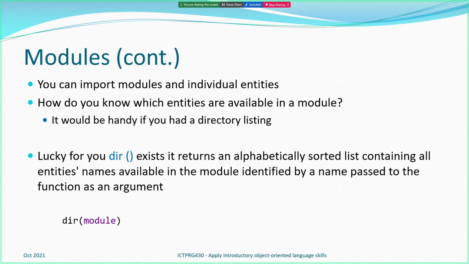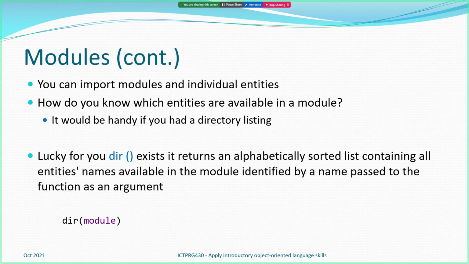The other thing you can do is get a directory listing of what's available. Now, this is really good, especially when you're starting out. Remember, there's lots of modules out there, and you might want to work out what's available.